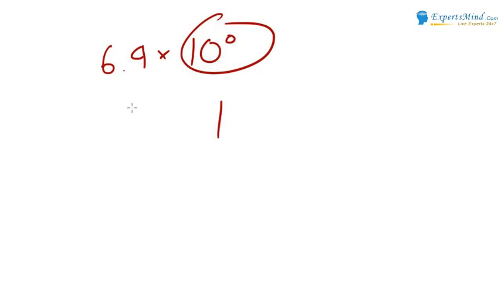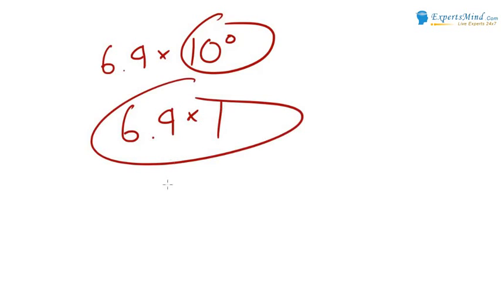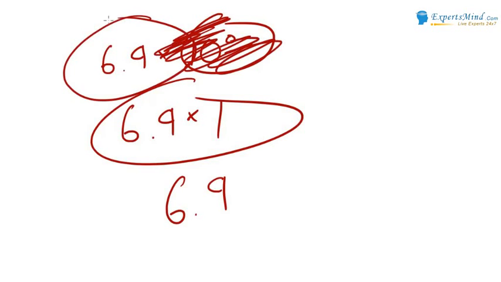So this pretty much means 6.9 times 1, and anything times 1 is itself, so this answer is 6.9. Again, I don't really have a lazy way of doing this because this is really lazy in itself. Anytime you have times 10 to the 0th power, just get rid of all this, and that's your answer right there, 6.9.